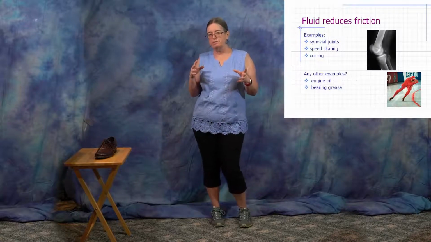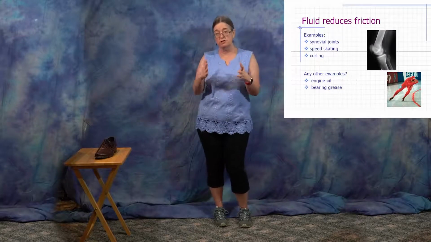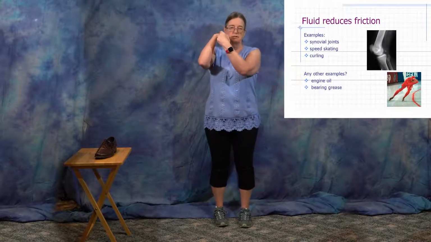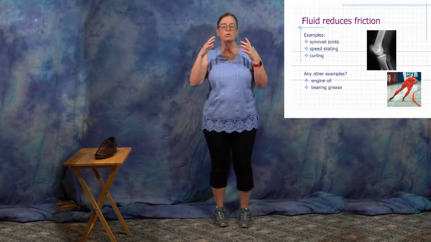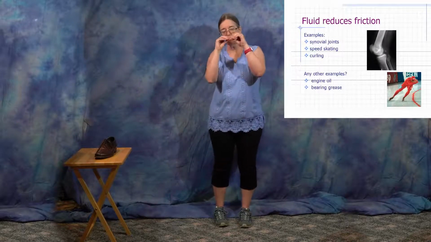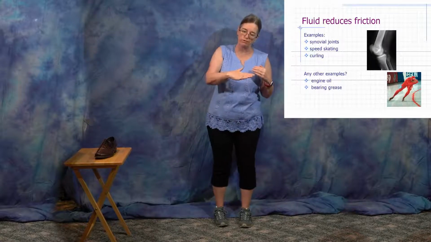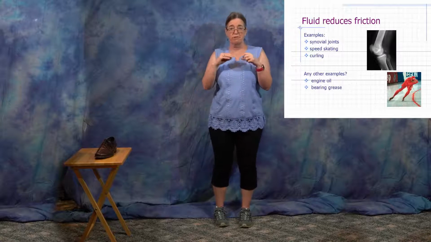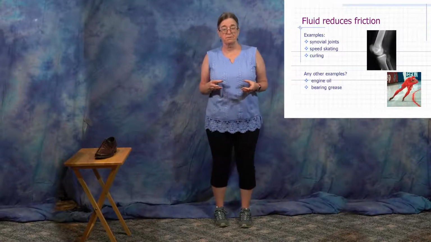Often it happens between two surfaces that actually have to rub with respect to each other, as you see in a joint. And with the tendons in your wrist, the tendons have to bend over, so there's no way to get around that corner. There's no way to not have the tendon move closer to the one surface and push against it. So the synovial fluid is there to reduce that coefficient of friction.